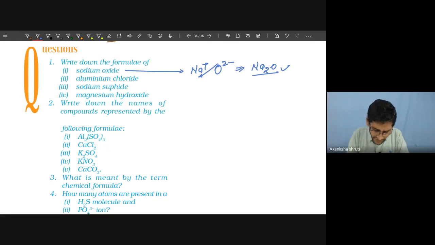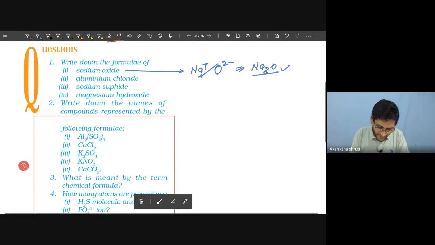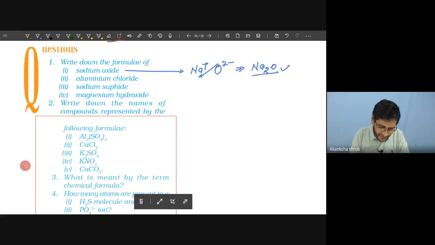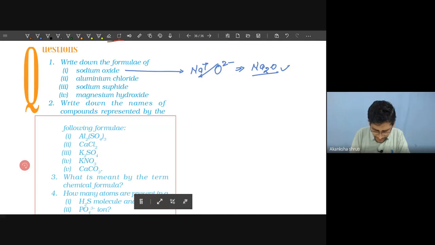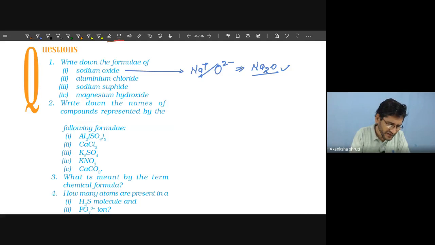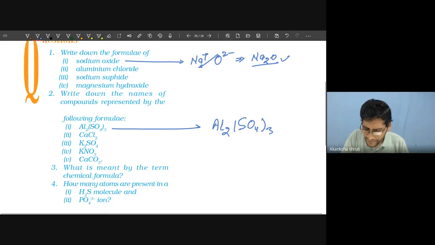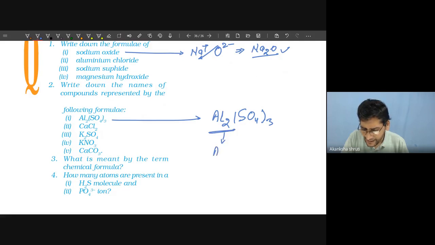Now, students, if in place of a name I am given the formula itself, and then we have to write their name, the concept remains the same. See, how is this? Understand this. It is Al2(SO4)3. Here we were observing that it is aluminium.